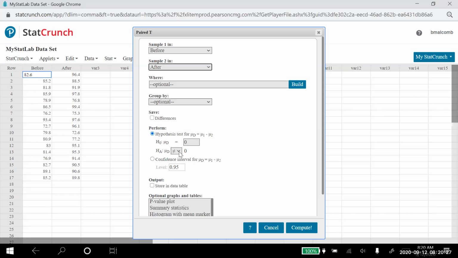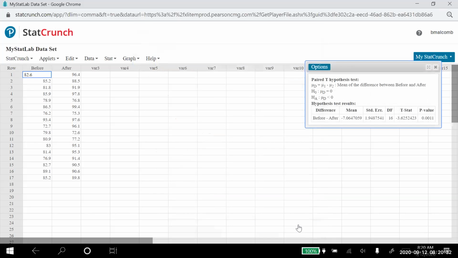And let's go look. And this time we would get less than. Compute. All right, so this time we get a t-stat. So our t-value, negative 3.6252. And the p-value, we'll list it down here so we can do our test, 0.0011.